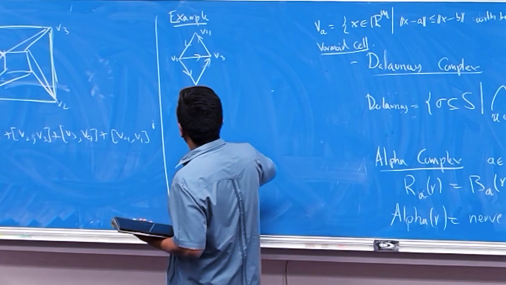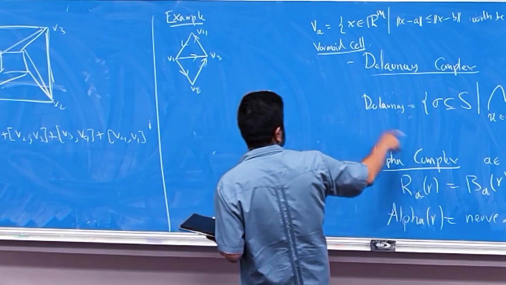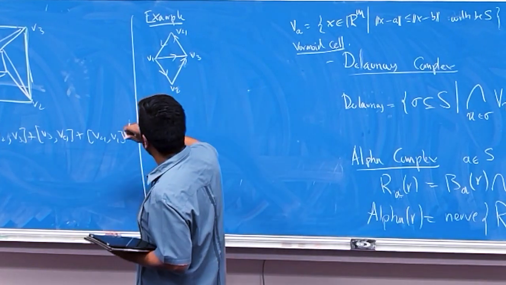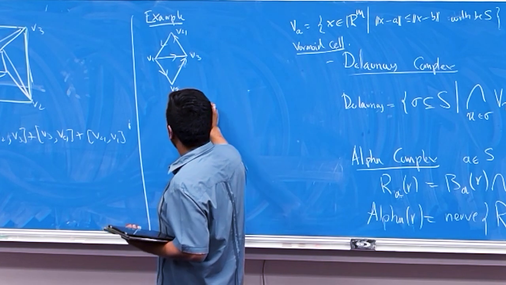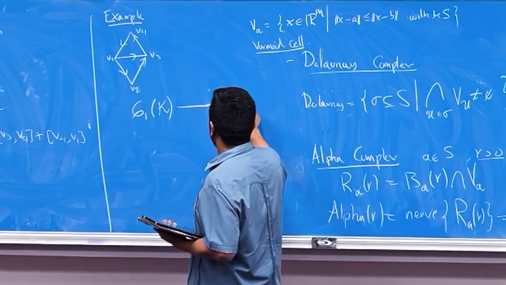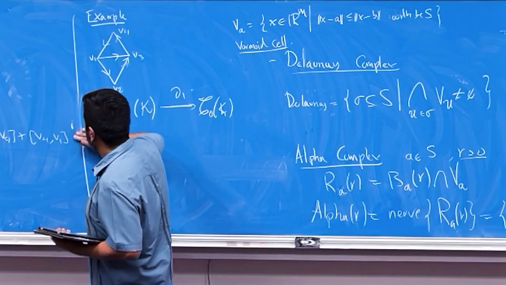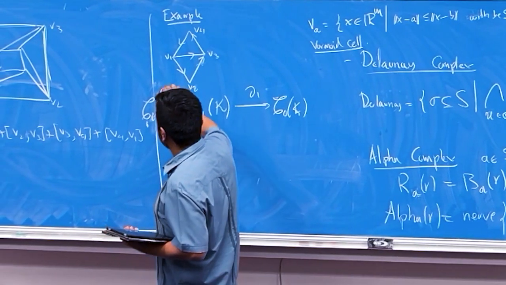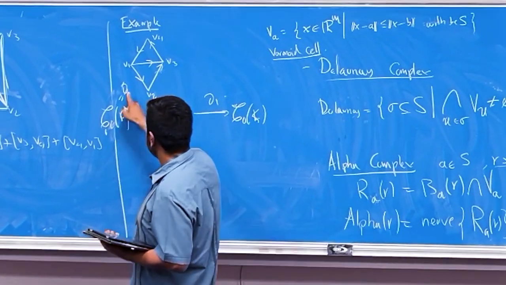If you look at the boundary here, you have no two-dimensional cells, no two-dimensional simplexes. So you have C1 of K, C0 of K, and C2 of K is empty. It's 0 because there are no two-cells.